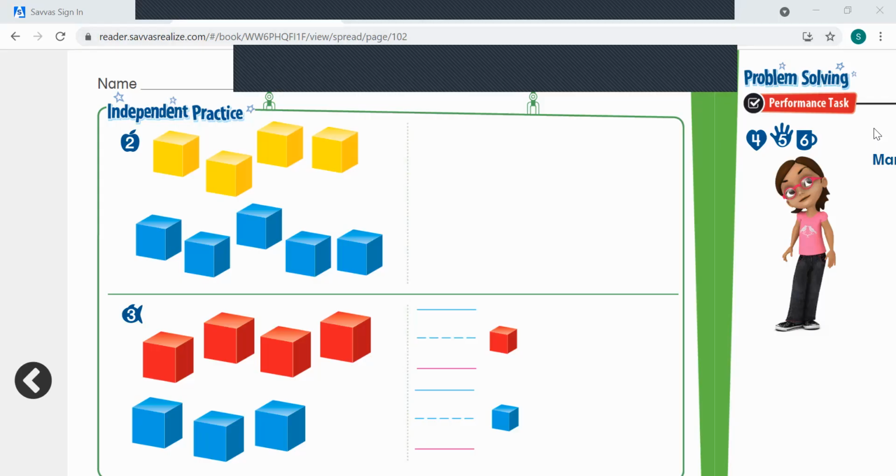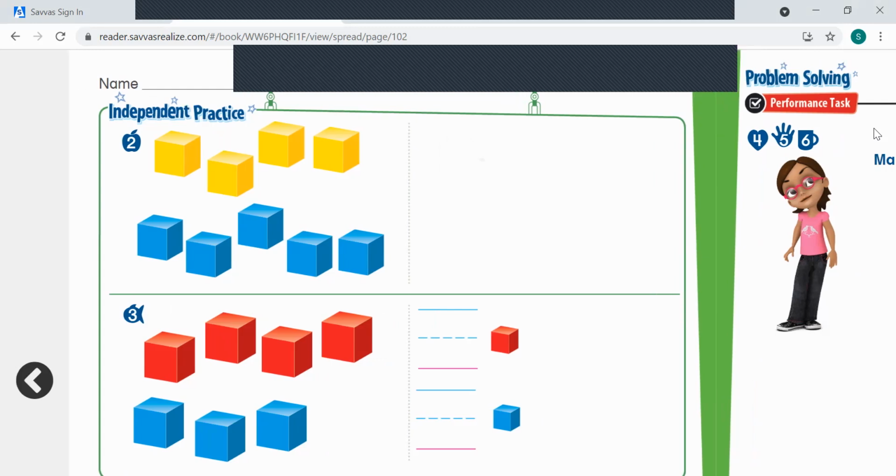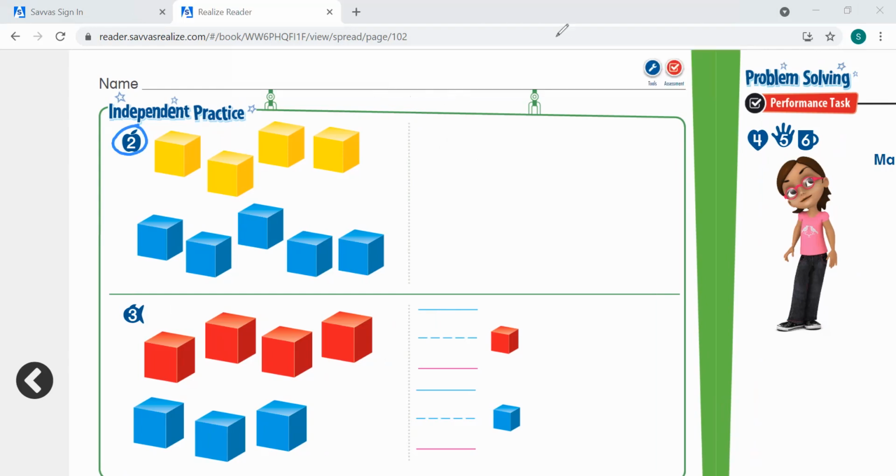Well, we are at our independent practice, and that means you're going to do this on your own. I'm going to read the instructions for you. On number 2, Carlos has 4 yellow blocks and 5 blue blocks. Which group of blocks is greater in number than the other group?